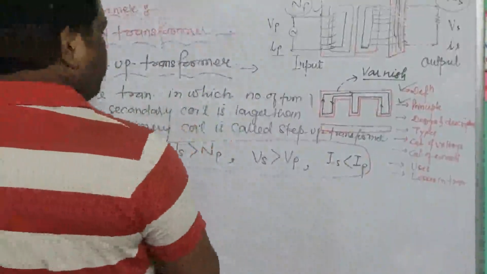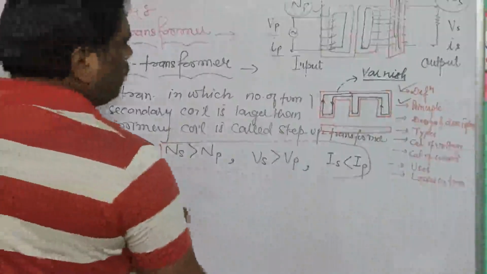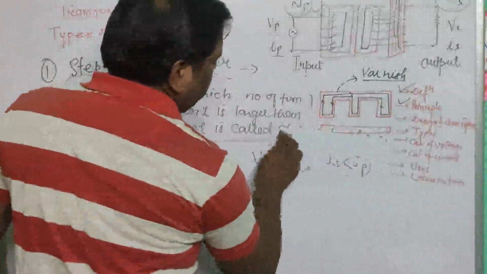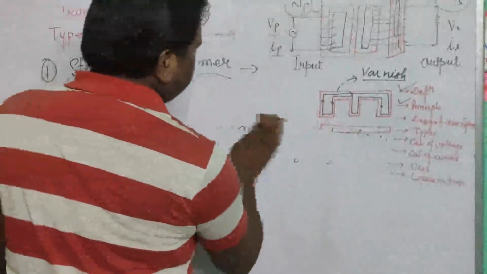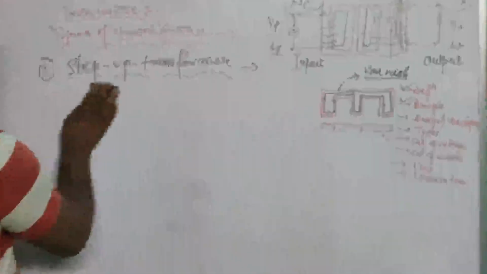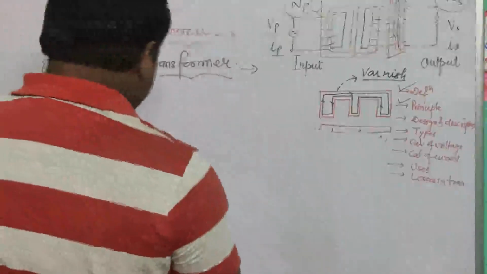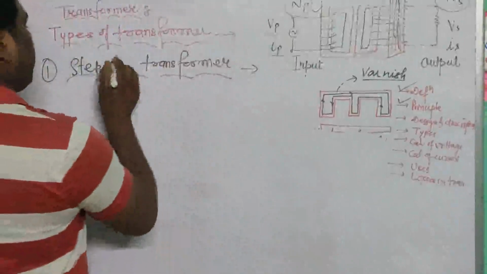In the same way, we can also explain about the step down transformer. In case of step down transformer, the number of turns in secondary coil will be small than primary coil.